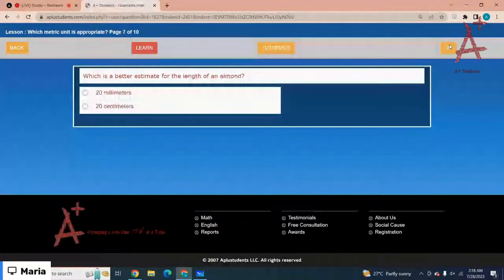Which is a better estimate for the length of an almond, 20 millimeters or 20 centimeters? Which is the correct option?